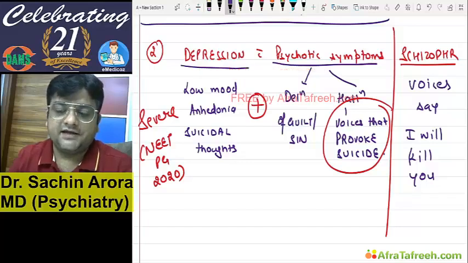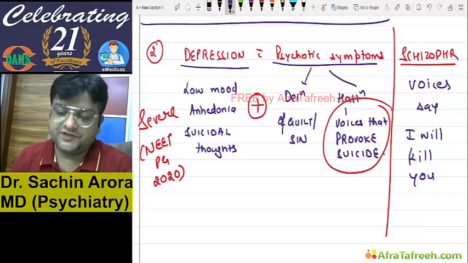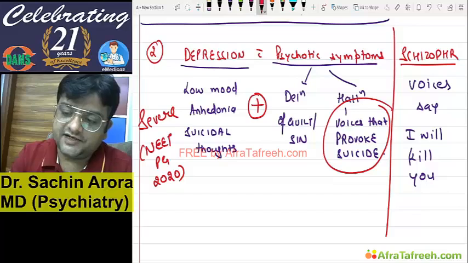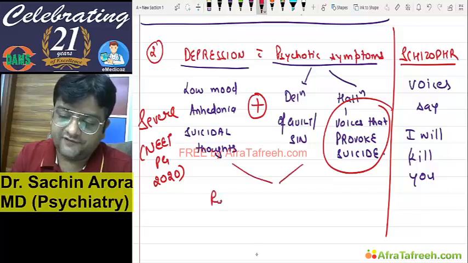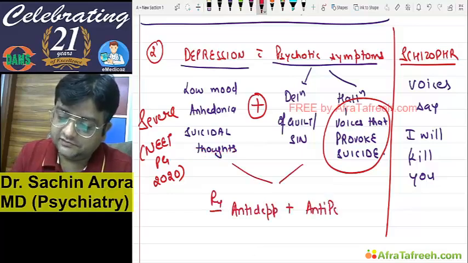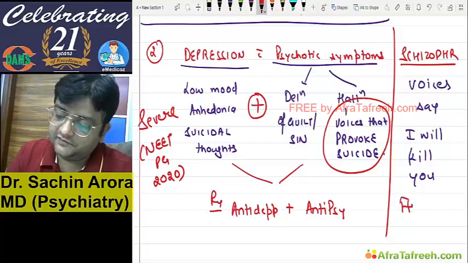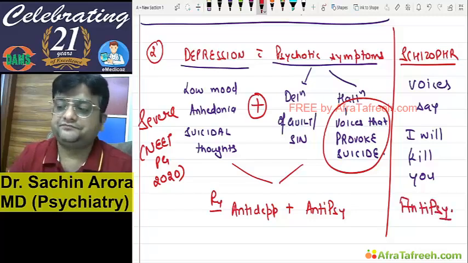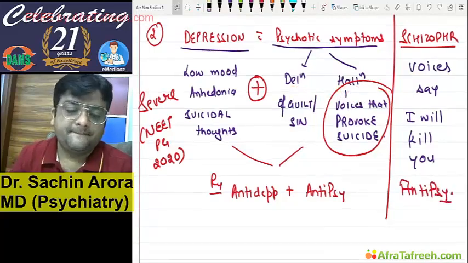This is how you will differentiate depression with psychosis from schizophrenia. And when you treat such cases, you have to give antidepressant plus antipsychotic. Unlike here, where you give only antipsychotic. This is case number 2.